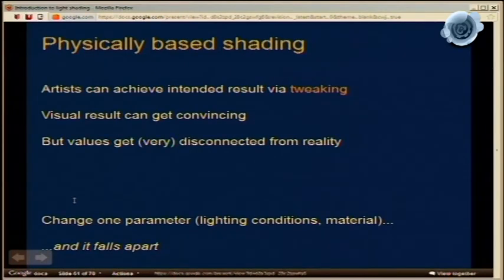But those values are fudge factors, completely disconnected from reality. And it's not really robust, because as soon as you have your scene that works, you change one parameter, you change your lighting, and it completely falls apart, because it's been tweaked against one lighting condition.